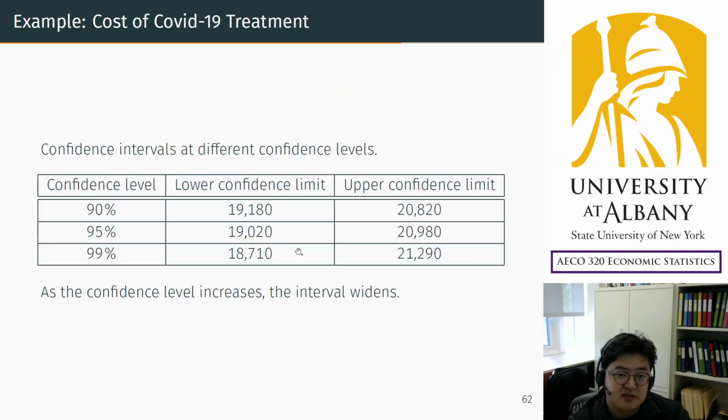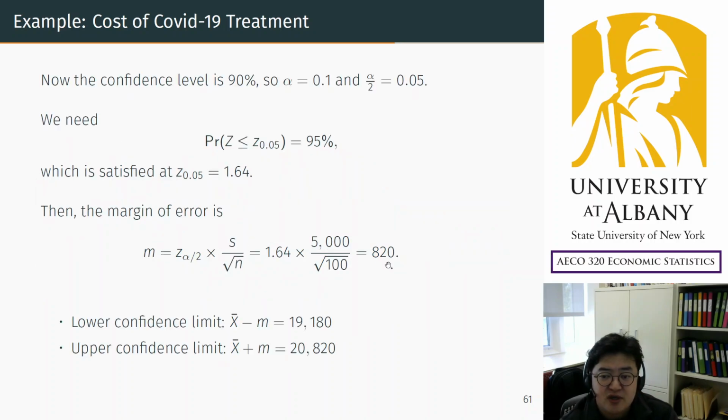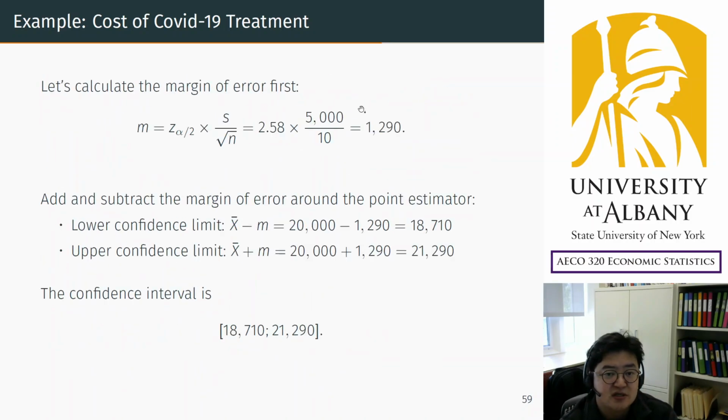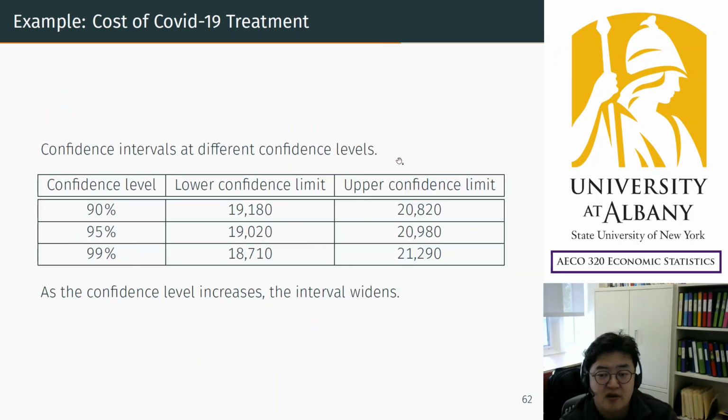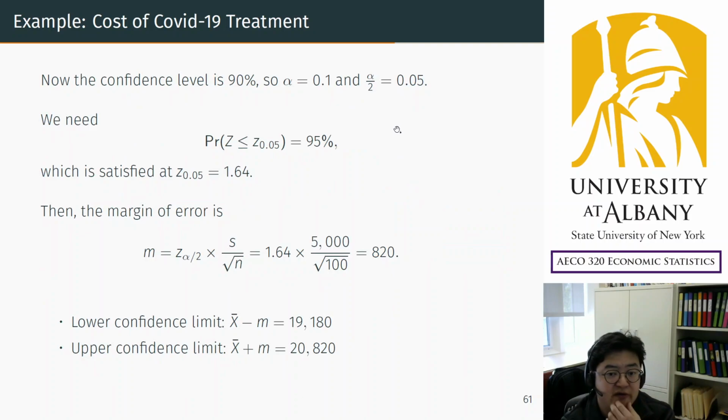These are the results. If you calculate the 95% confidence level, then you are going to get another interval. What I wanted to show you here is, as you increase the confidence level, the margin of error was first greater than 1,000, but when you lower the confidence level, it became 800.